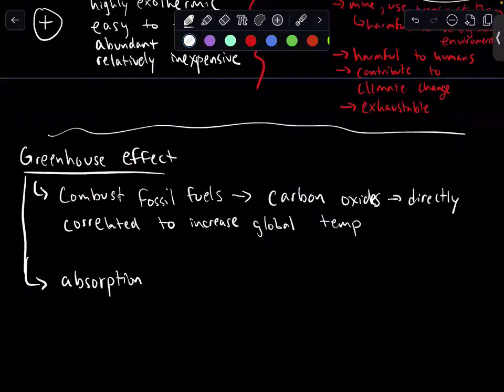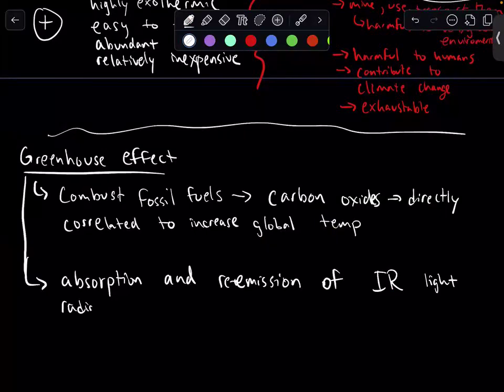and re-emission of IR, infrared light, radiating from the Earth. I'm going to just draw this directly.